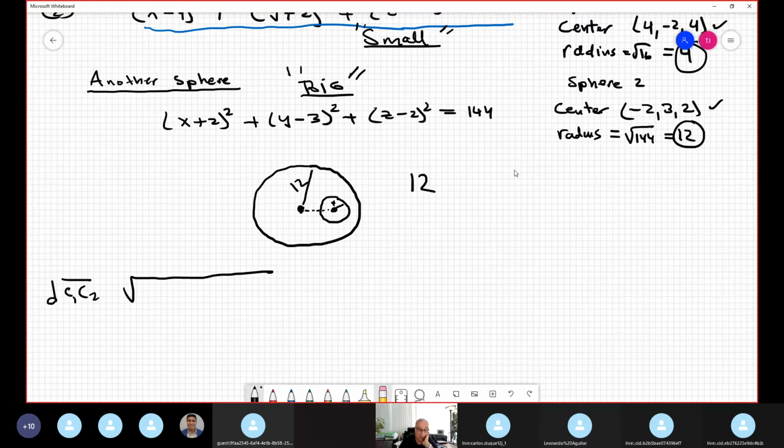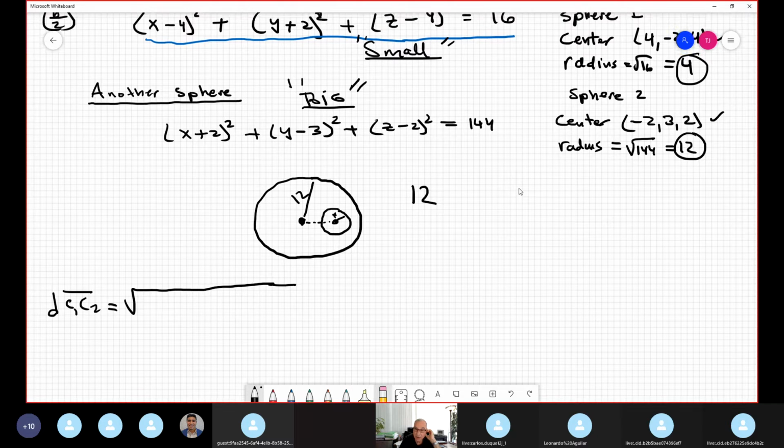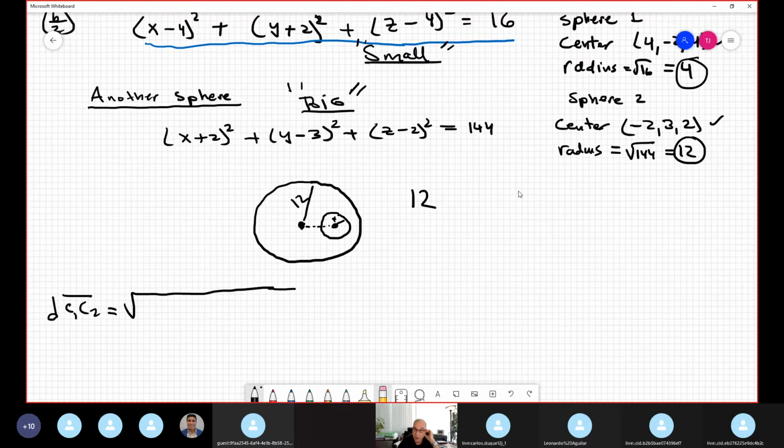Subtracting, look at the centers: the x component is 4 minus negative 2, which is 6. Do you see? It's 6.